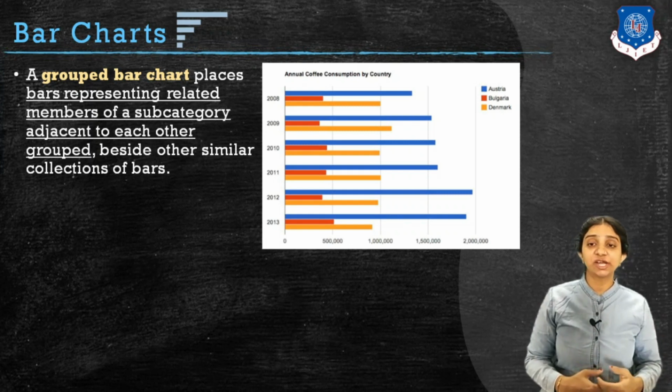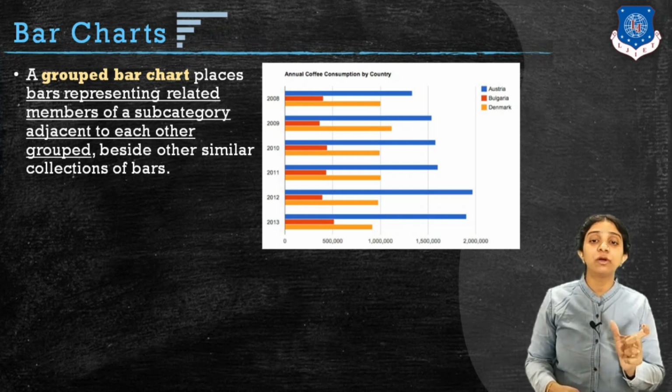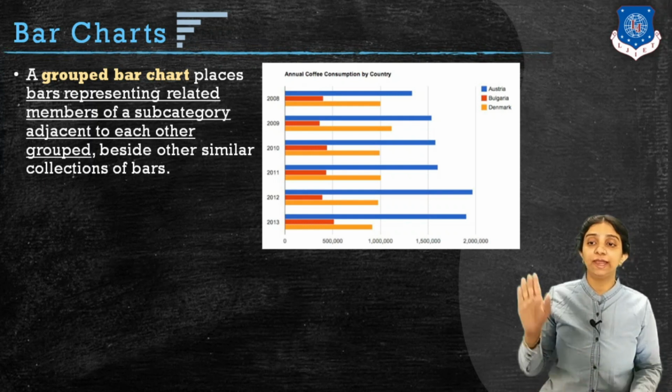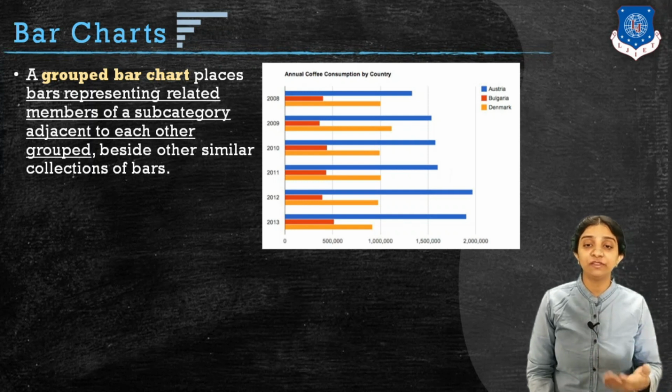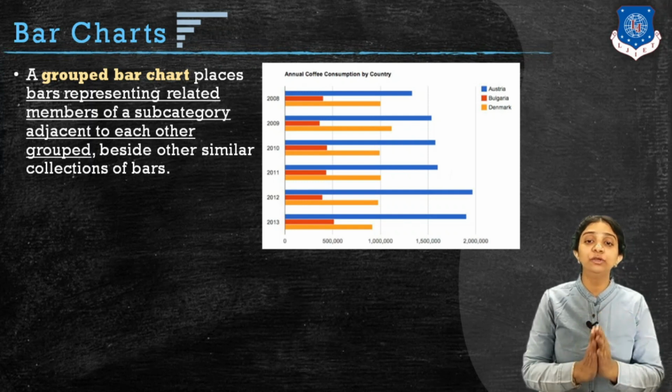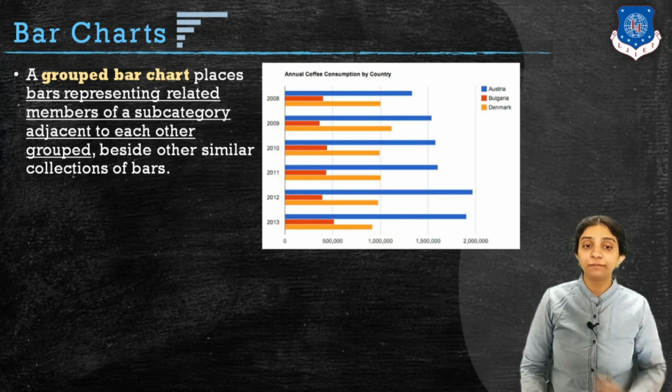In the previous chart, we had only data of Austria, but here two more countries are added, Bulgaria and Denmark, and their annual coffee consumption yearly is grouped together and placed beside each other so that we can compare their values in a category.